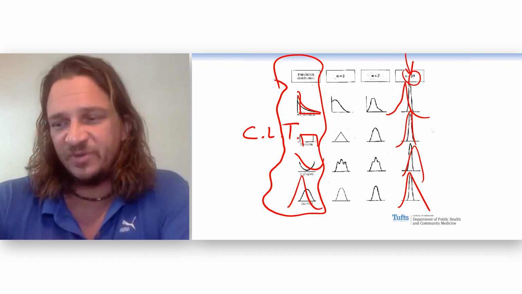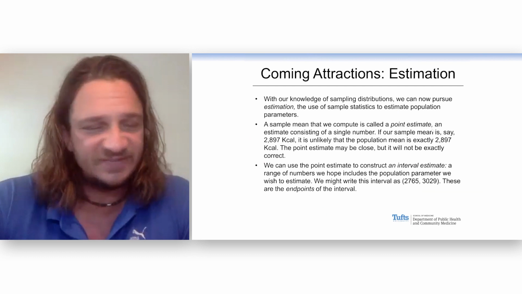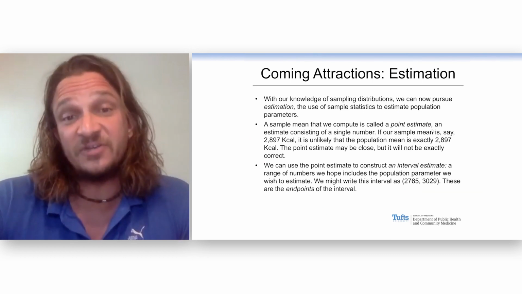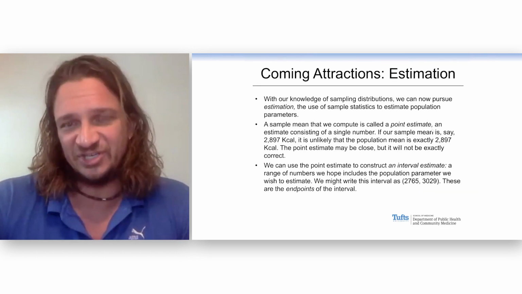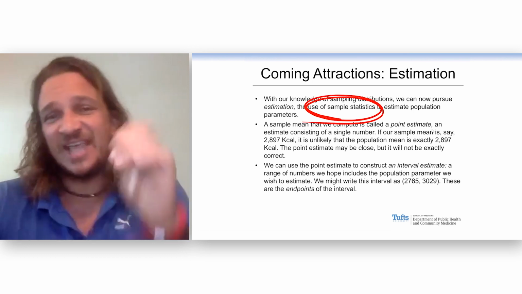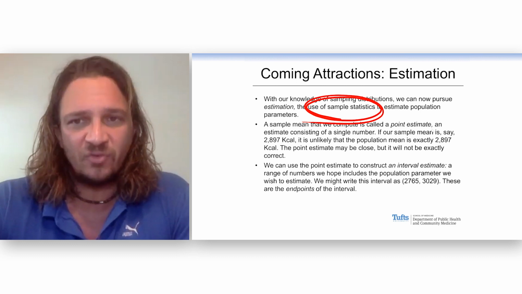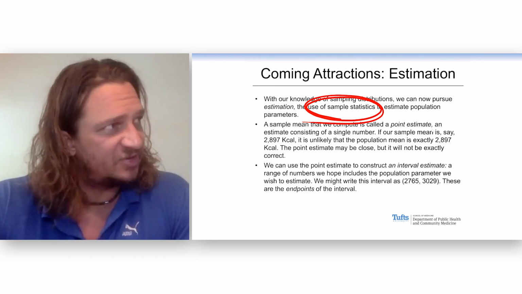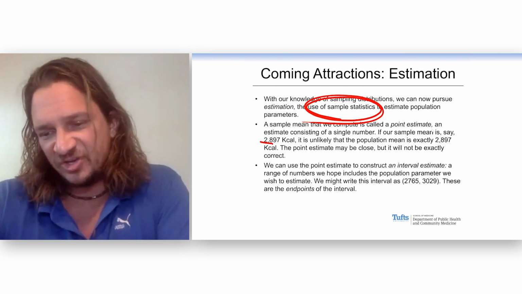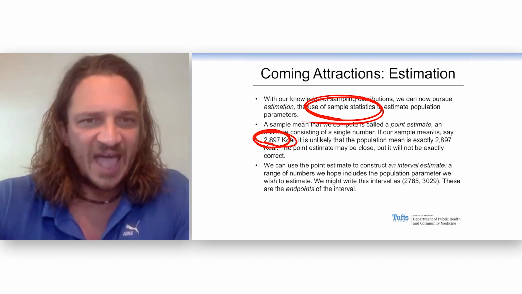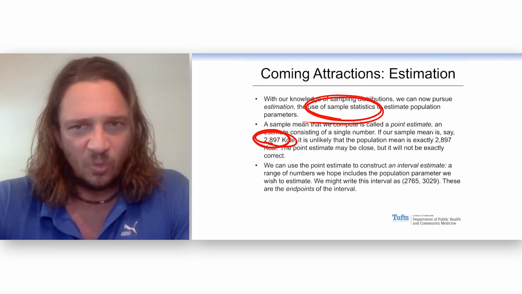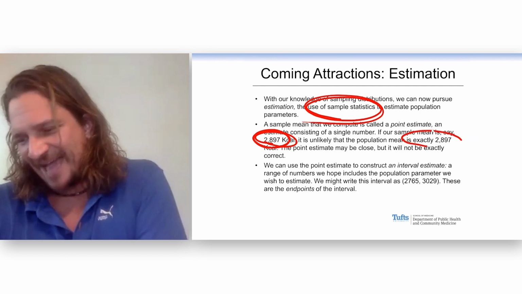We're going to use this. This will be really important when we actually use these fundamentals to do some fun stuff. And the first thing we're going to do is this idea of estimation. Estimation is, let's take a sample, calculate a number, and say, what does that tell us about the truth? If we take a sample and the average is this number of calories that the average person eats, is the truth going to be exactly this?